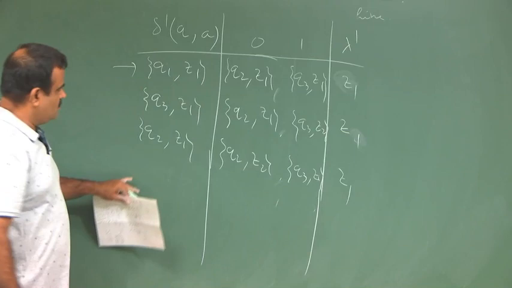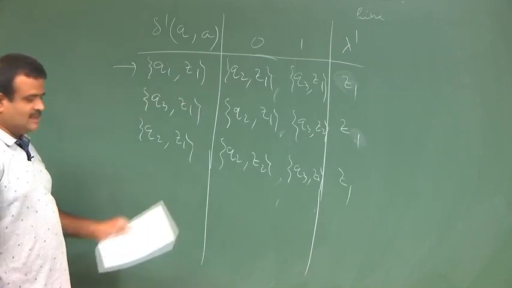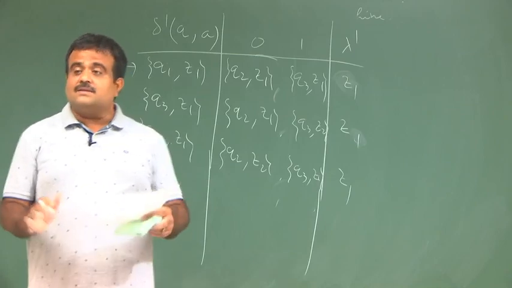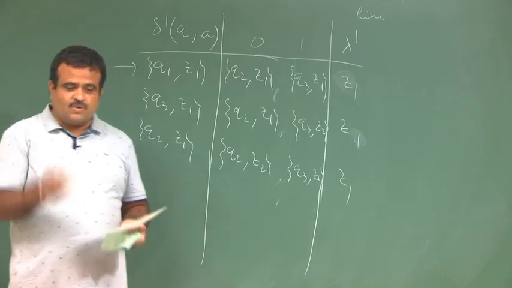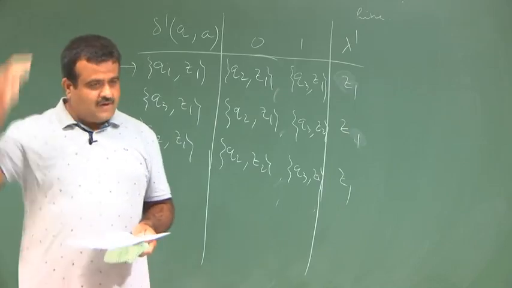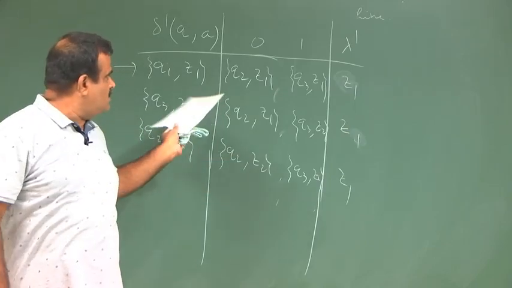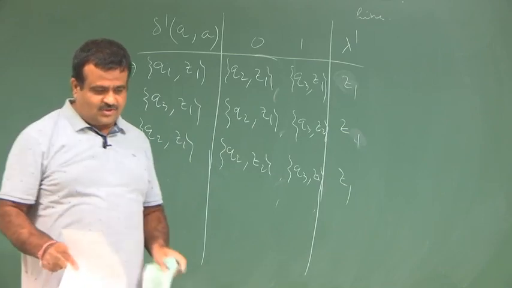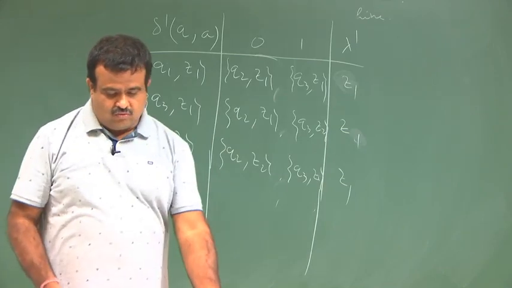Like this we can continue to fill up this table, and we can show that this outputs the same string as the Mealy machine, omitting the first output, but here we do not need to omit it, because the way we constructed it will output the same string as the Mealy machine.